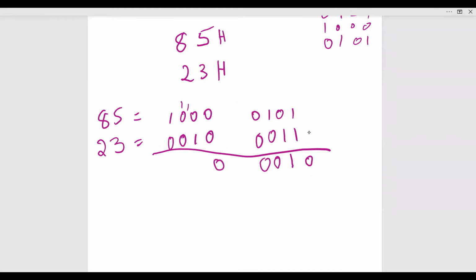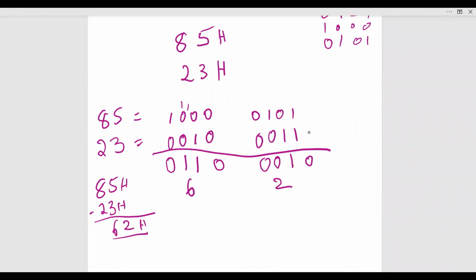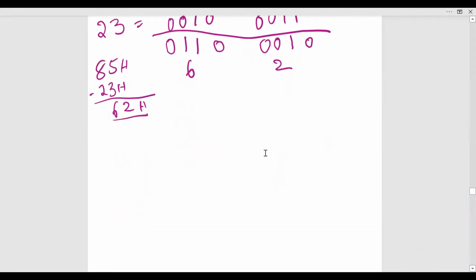So 10 minus 1 is 1, 1 minus 0 is 1, and this becomes 0. So the equivalent is, this is nothing but 6, and this is 2. So 85 hexadecimal minus 23 hexadecimal will give 62 hexadecimal. Now we'll start writing the program.